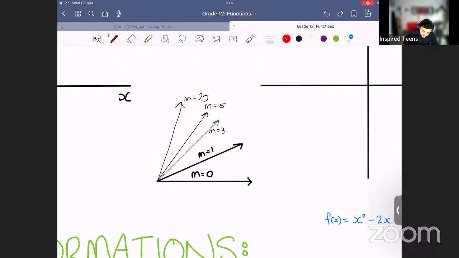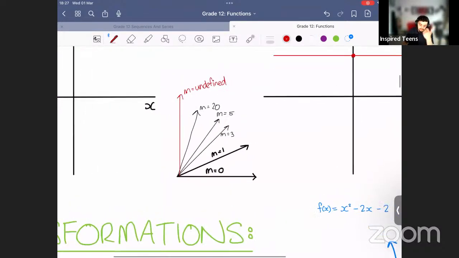Then when we go perfectly vertical, what is it supposed to be? Is it supposed to be 30 because it's more than 20? Is it supposed to be 500? Is it supposed to be 1,000,000? Because it is going straight up, we cannot define its gradient. So yes, it is undefined. The gradient of a vertical line is undefined.